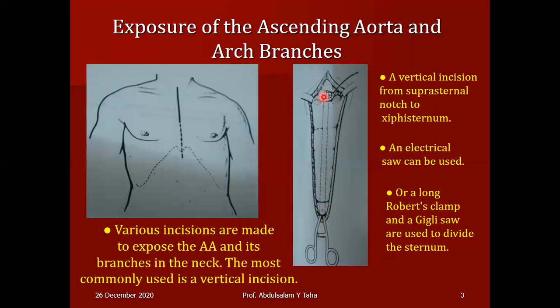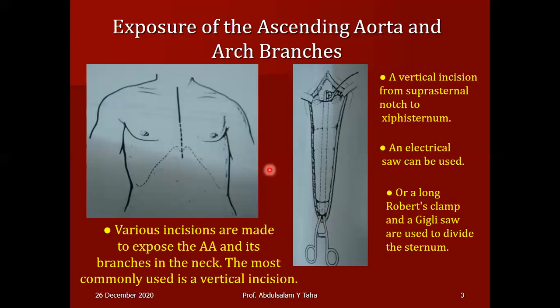The tip of the forceps will grasp a Gigli saw, and the Gigli saw will be passed immediately below the sternum, and we lower the table a bit and we ask the anesthesiologist to stop ventilation for a while, and then we divide the sternum using the Gigli saw.